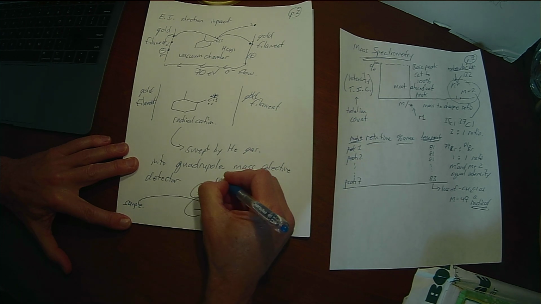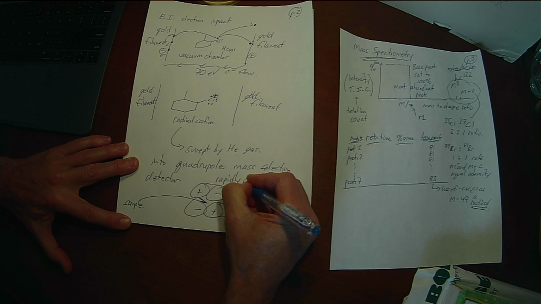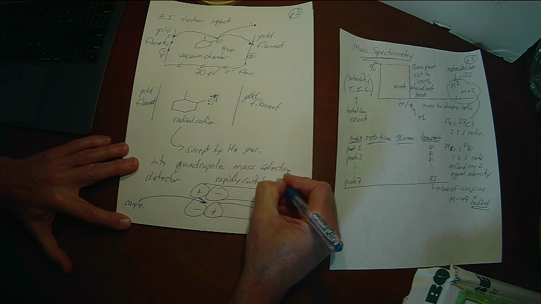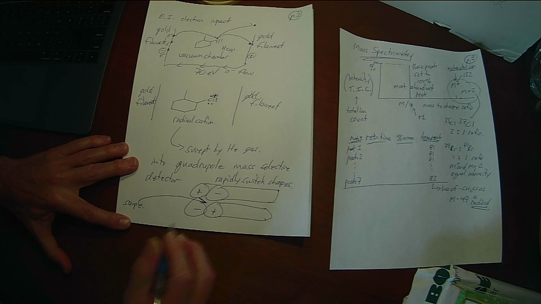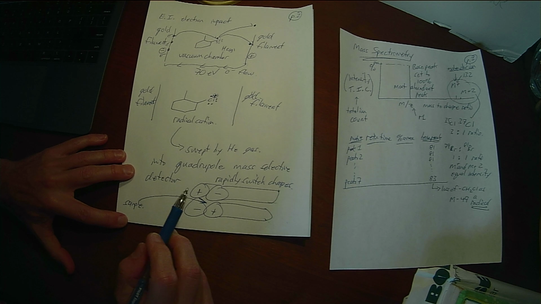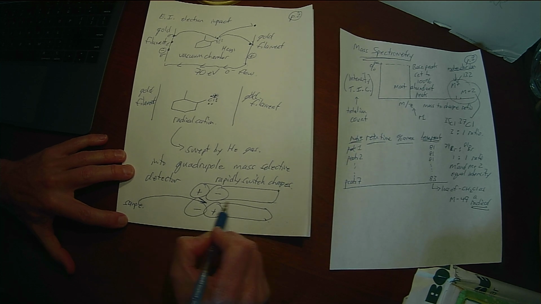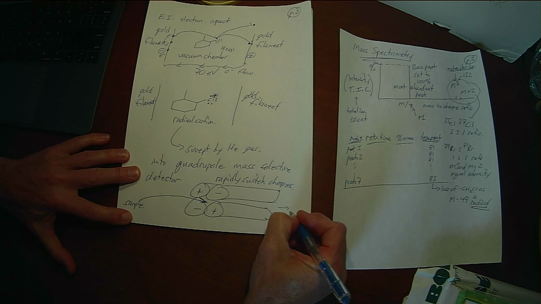We rapidly switch these charges. So that if the thing has the right mass over charge ratio, it will be kept in that chamber and it will come out and hit the detector.